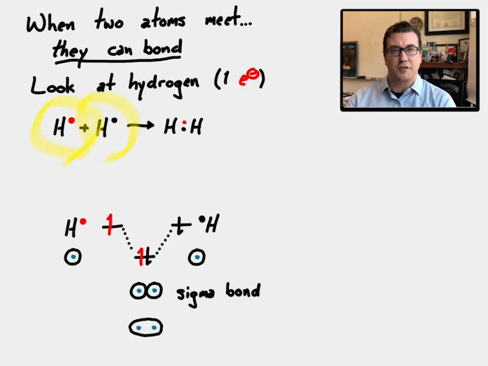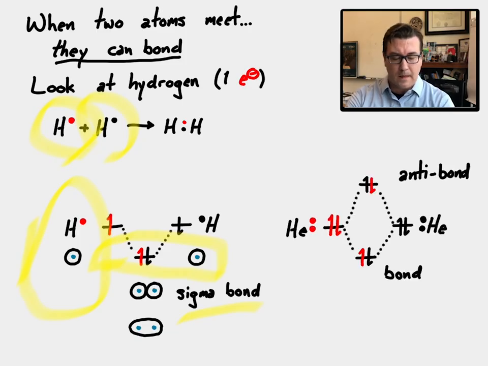We often draw these as atomic orbitals, and they form molecular orbitals when 2 atomic orbitals interact. When these 2 electrons interact and form a bond, that bond is more stable than if those 2 electrons were not bonded, and that's why they bond. We'll talk about that again later. We call this a sigma bond.